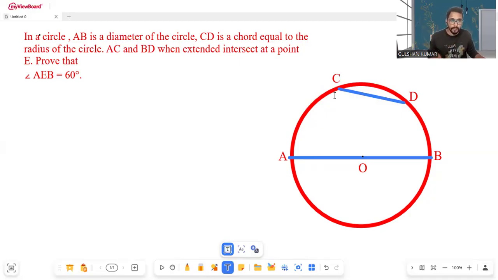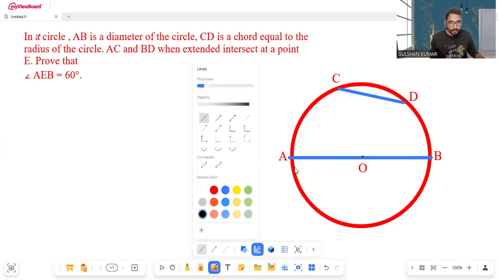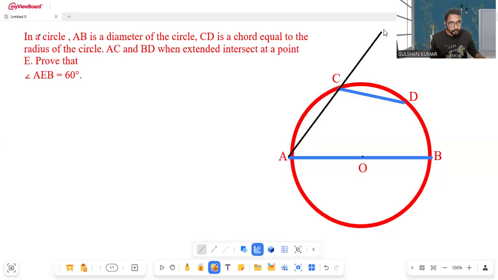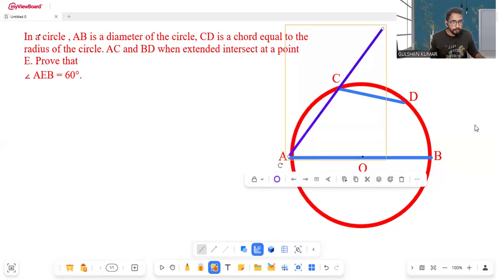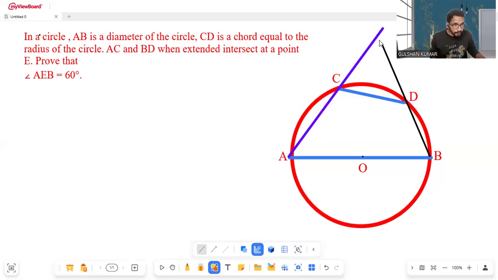We have to join them first so that we can further extend them to the point E. Starting with the line from A to C, somewhere here, and now BD, somewhere here.